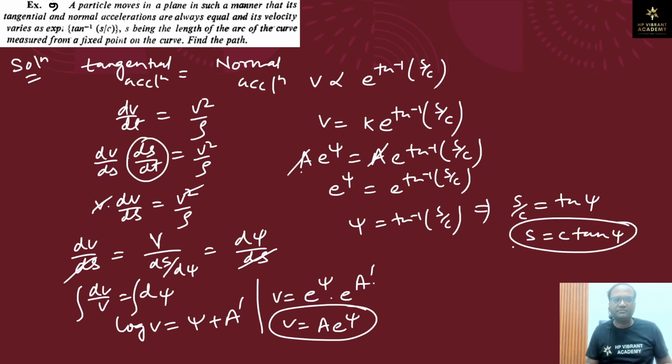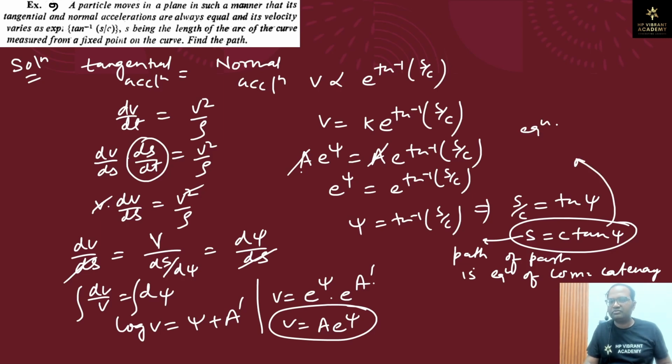Okay, so this is the path of the particle, which is the equation of the common catenary. So s is equal to c tan psi is the equation of the common catenary.